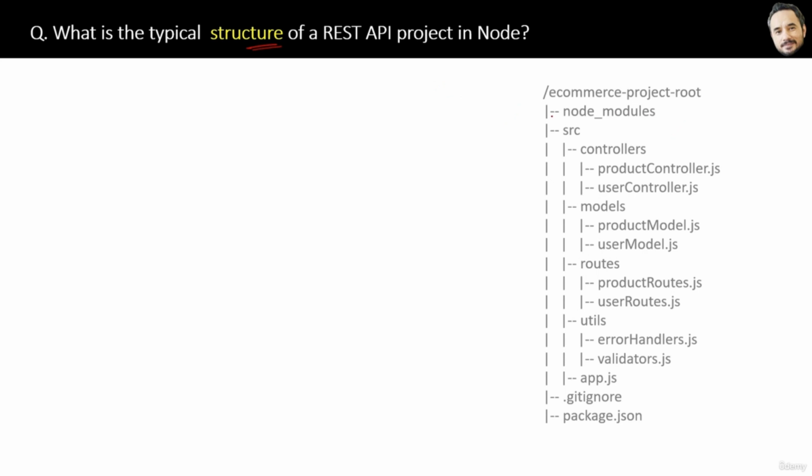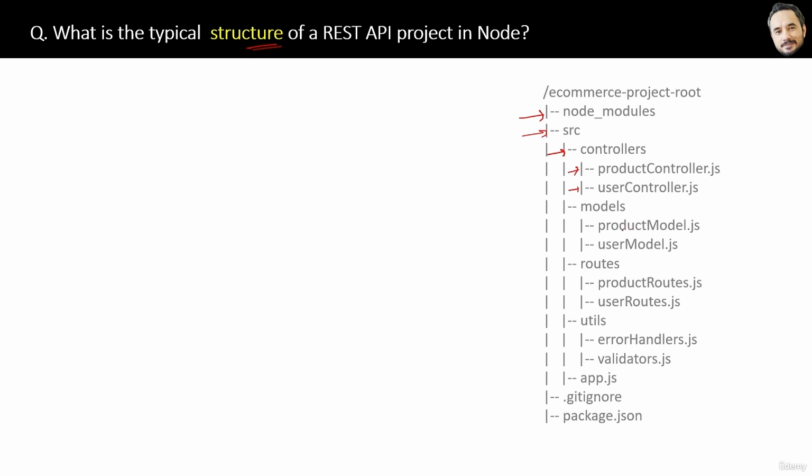See, we have the node_modules folder where npm packages are installed, which we do not have to touch, right? Then our main focus is on the src folder, and here we have all the controllers. Controllers, as you know, are the files where you will have all your business logic like your get, post, put, delete methods.